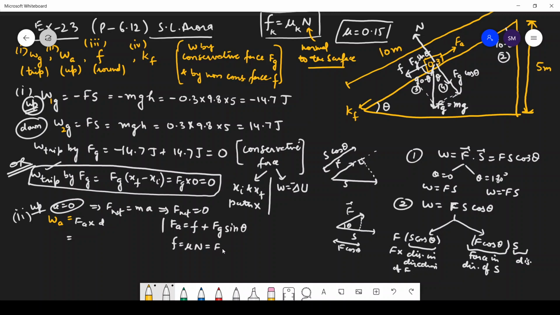So that is equals to Fg cos theta into nu. So nu into n, and nu is given to us in the question. Nu is 0.15. Okay. So nu into n, and n is equals to Fg cos theta. Okay. So normal reaction is always equals to the force which is acting in the direction of normal reaction.